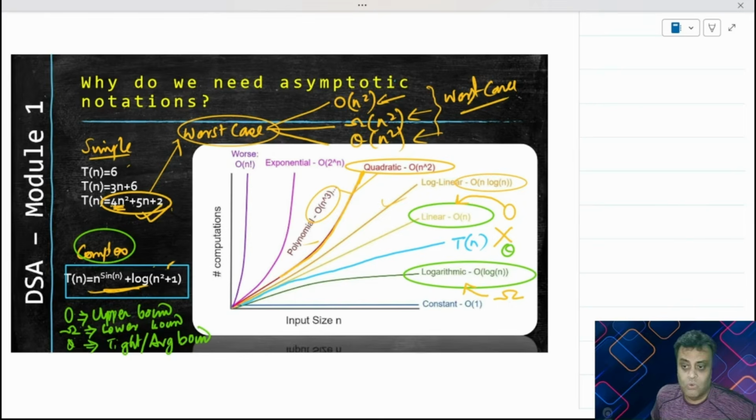But it has nothing to do with best case and worst case, because this particular equation itself carries whether it is a best case, a worst case, or an average case. And accordingly, we create the upper bound and the lower bound on each, depending on whether it is a worst case, a best case, or an average case.